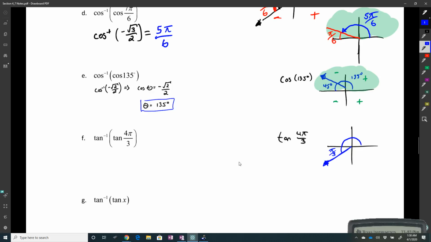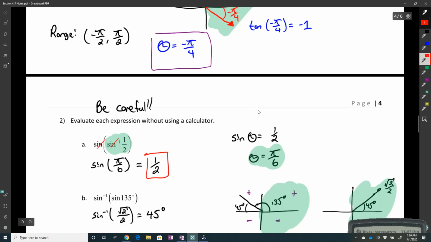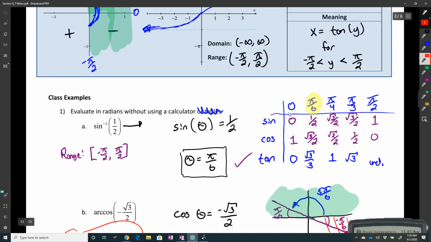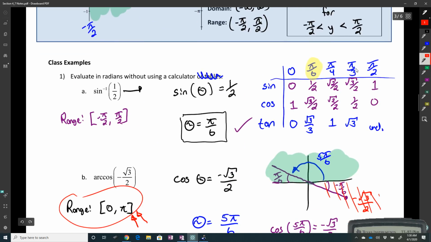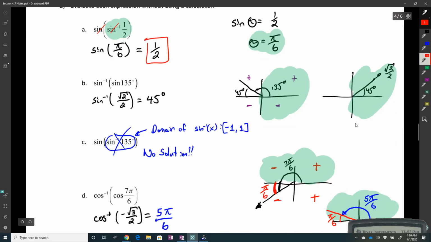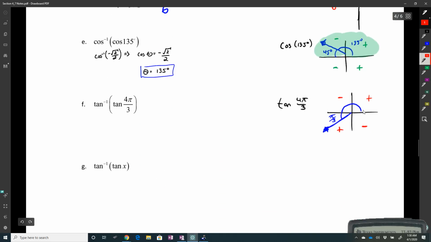So if you want to figure out what that is, tangent is positive, negative, positive, negative. So my answer is going to be positive. Well, I can go back up to the table that I drew. So tangent of pi over 3 is just square root of 3. So I know the answer to this is going to be a positive square root of 3.